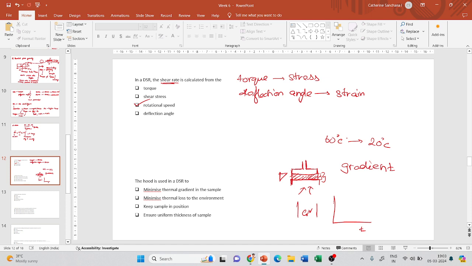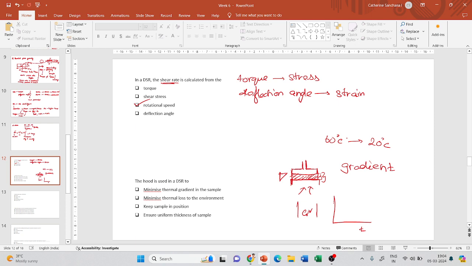So you heated the sample and placed it and trimmed the sample. Now your testing temperature is lesser than 60 degrees Celsius, which is 20 degrees Celsius. So you have to wait a considerable amount of time for the entire sample to reach 20 degrees Celsius.